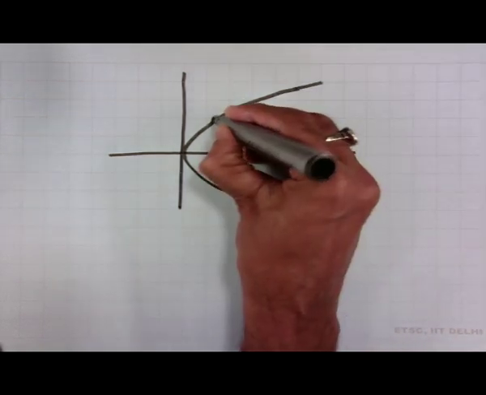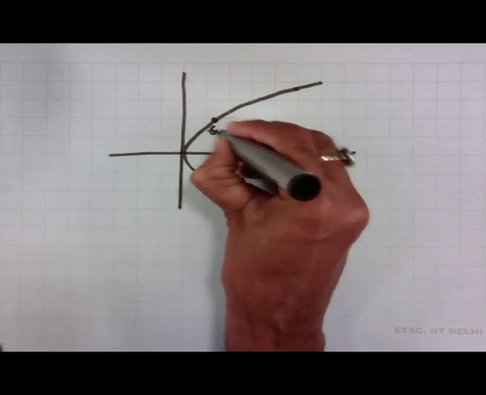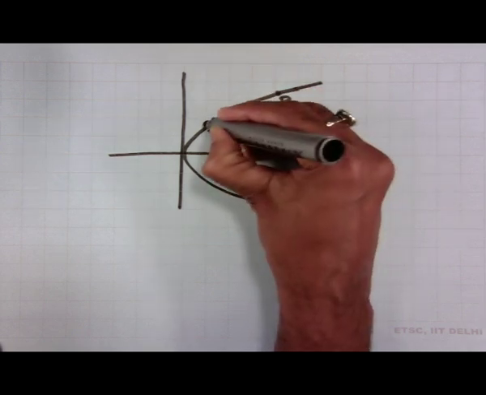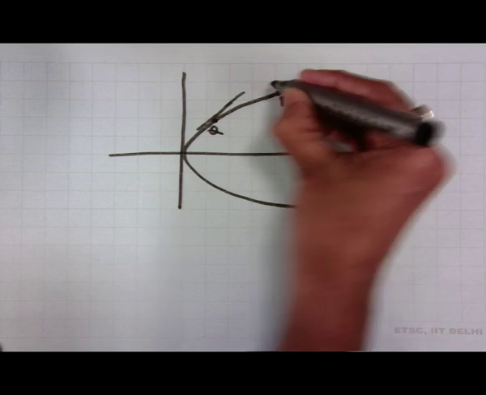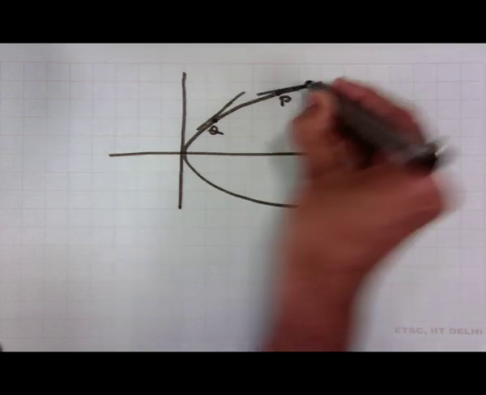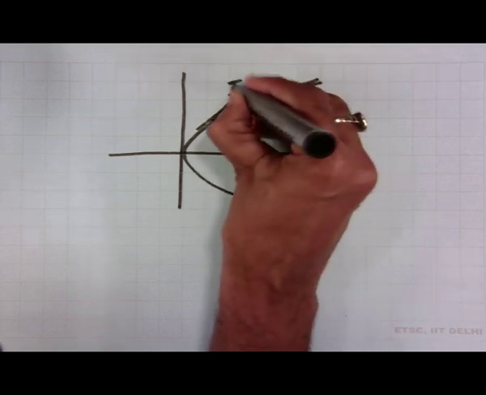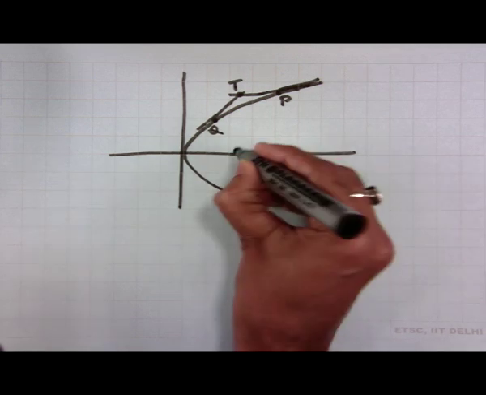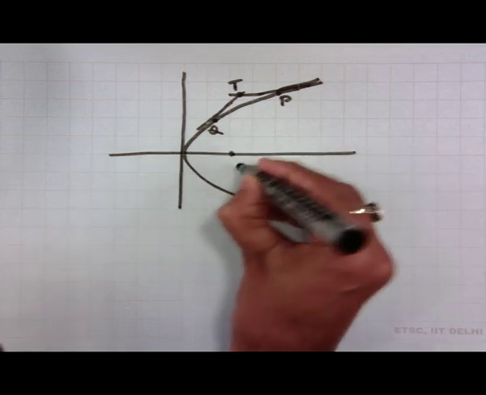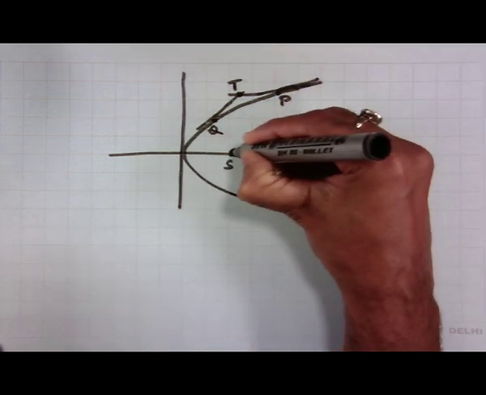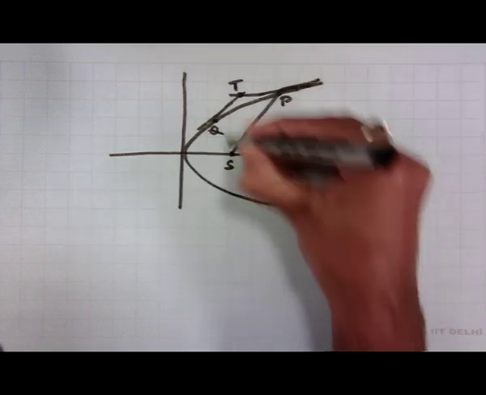We have a point Q here, this is a point P, the tangents meet at this point T here, and we have focus S. Line SP and SQ.